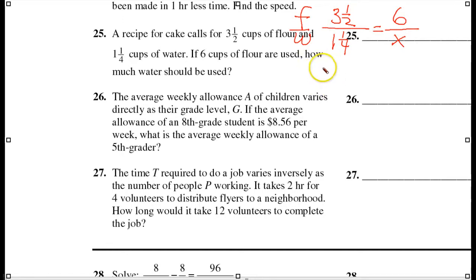Let's change this to 7/2 times x equals 20. Let me change that, 6 times this is going to be 5/4.